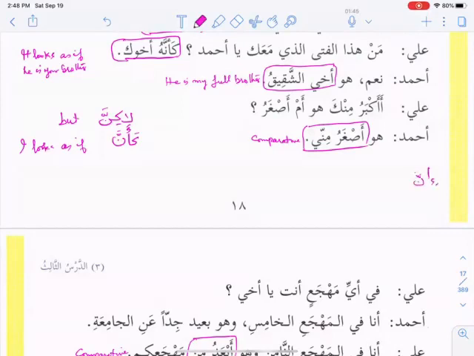Inna, and then anna, and then lakinna, and then ka'anna, and then we have la'alla.